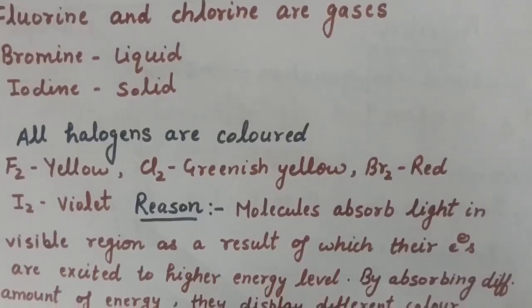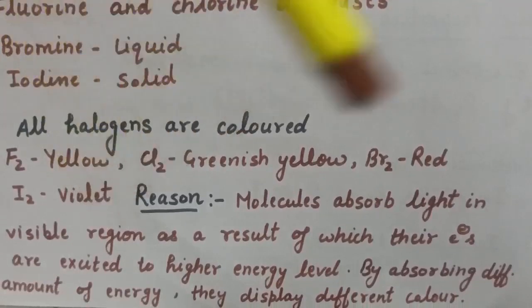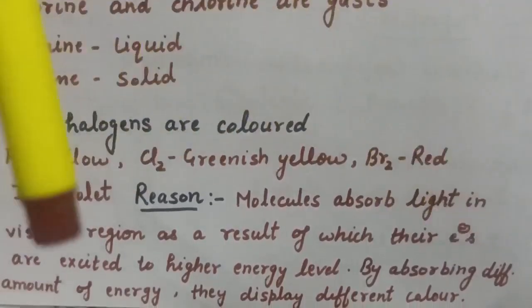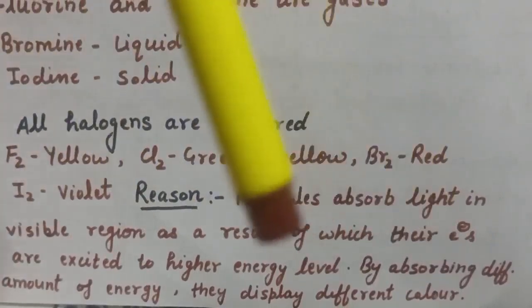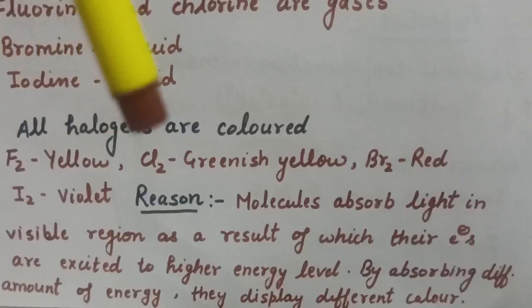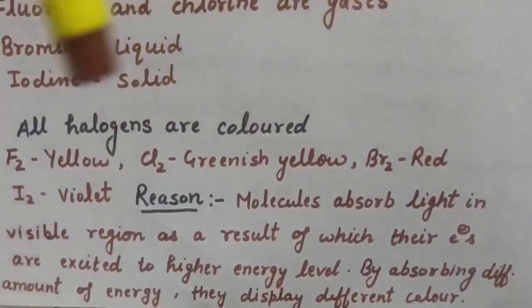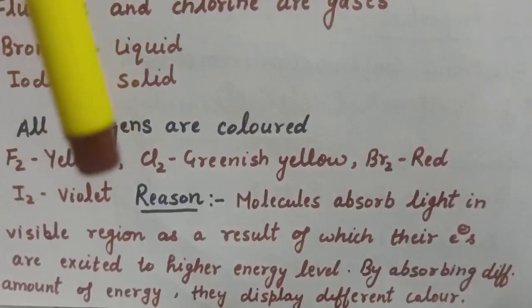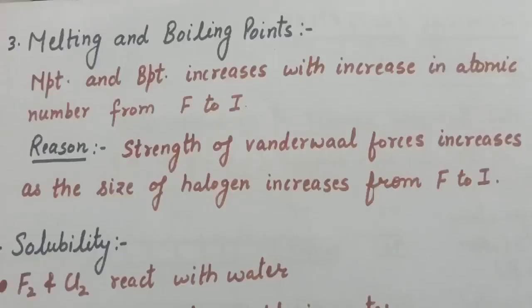By absorbing different amounts of energy, that is, different quanta of radiation, they display different colors. F2 shows yellow color, whereas Cl2 is greenish yellow, Br2 is red, and I2 shows violet color.